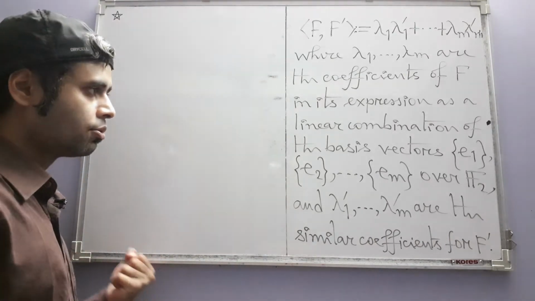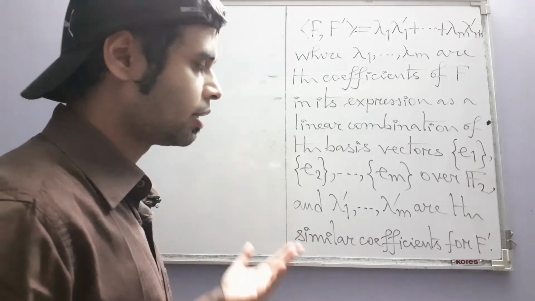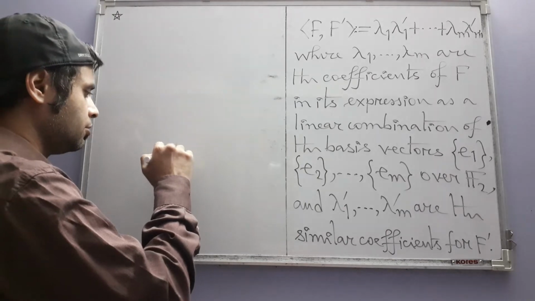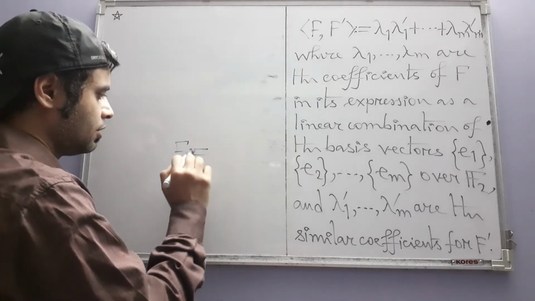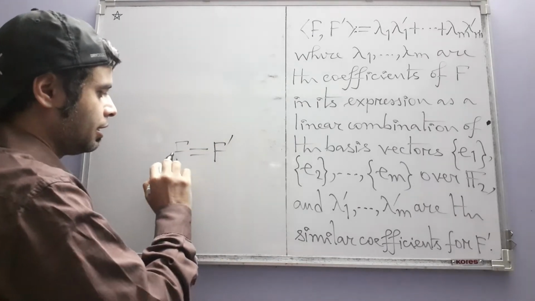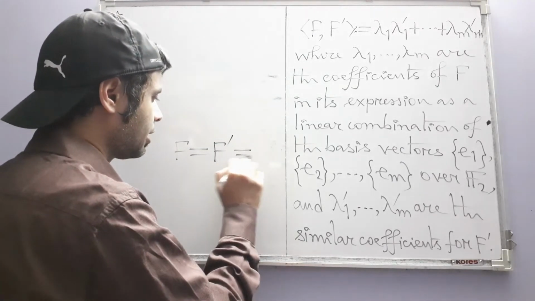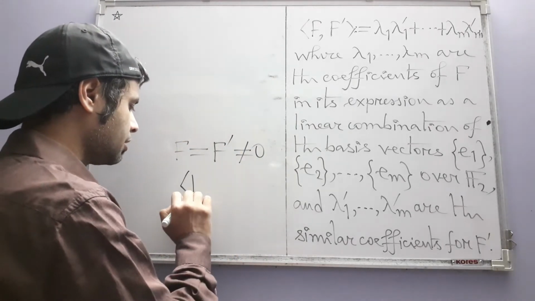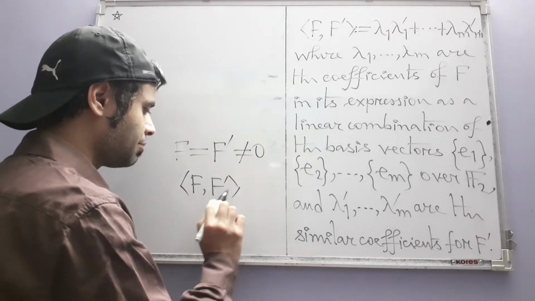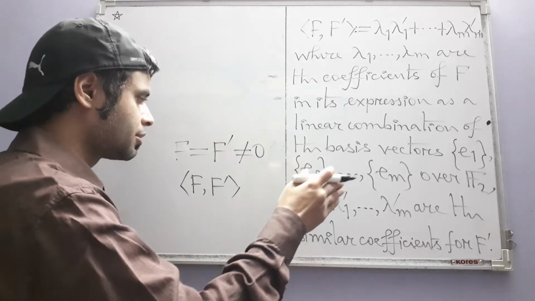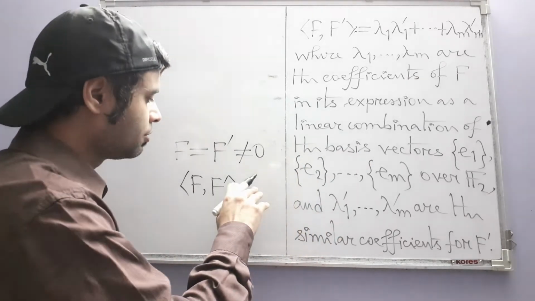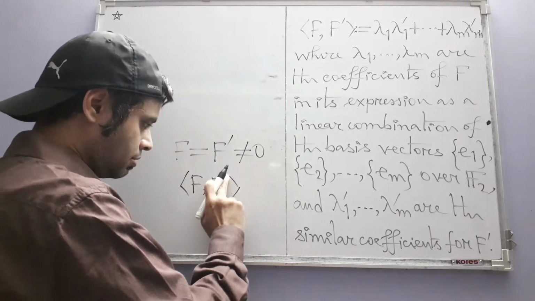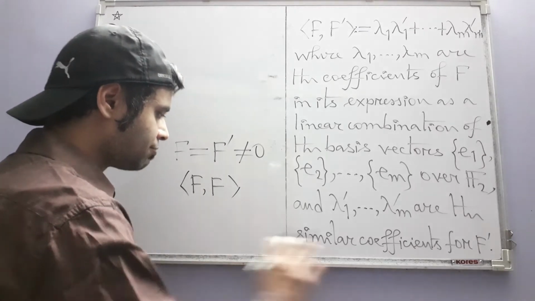In the case of an ordinary inner product, if we have f equal to f prime and this is not equal to the zero vector, and your vector space is over the field of real numbers or complex numbers with an actual inner product, then this inner product is never 0.